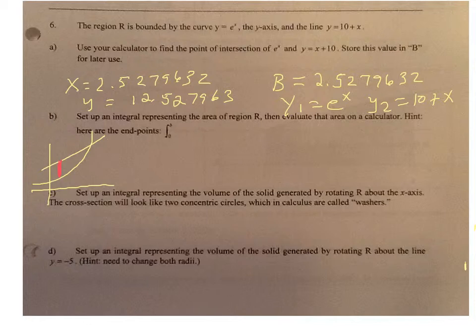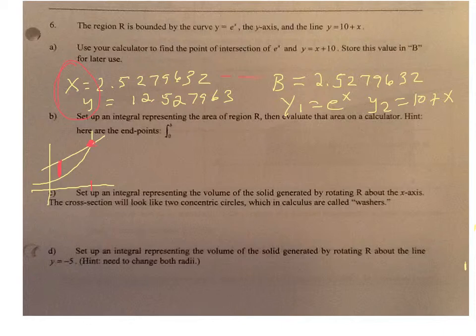In order to solve B, we need to find an integral representing the area of region R, and then evaluate the area on your calculator. We know that this point of intersection is this XY value.